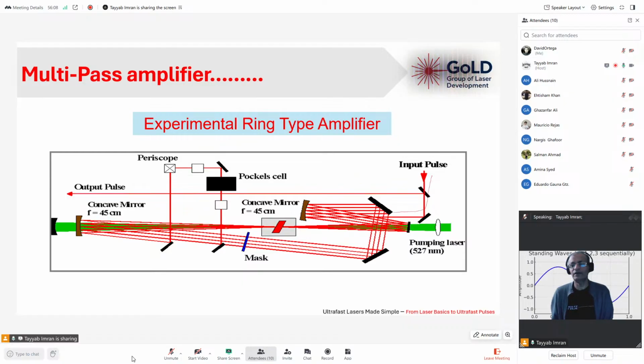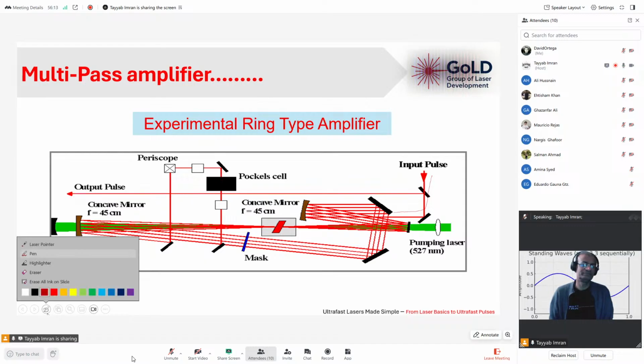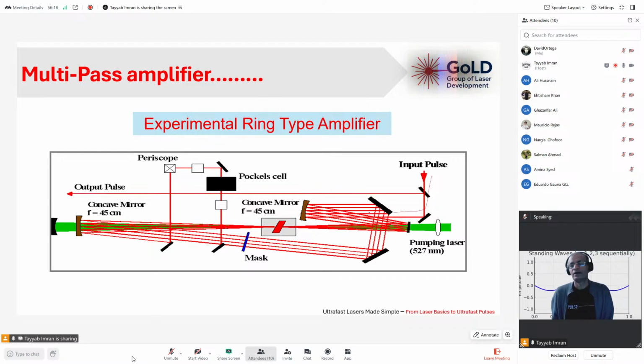Okay, and from here it goes here, and here, then here, then here, then here, and then here, and here. So each and every time it passes through the crystal, but it's making the round. Okay, it is called a ring type as well. It's not like a ring, but it is called a ring type.